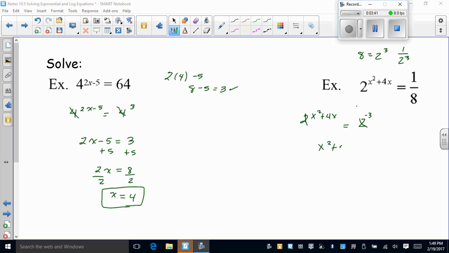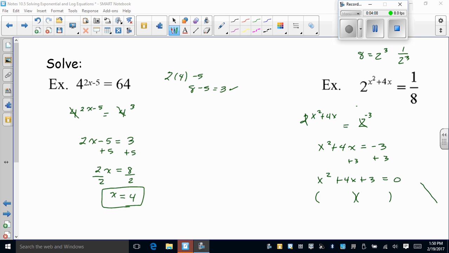Remember, to solve quadratics, the polynomial has to be equal to 0. So I'm going to add 3 to both sides. So x squared plus 4x plus 3 equals 0. And factor this. We can use that wagon wheel idea that some of you know how to use, some don't.